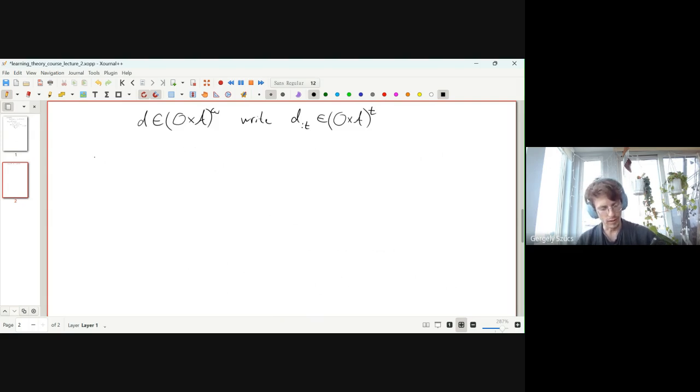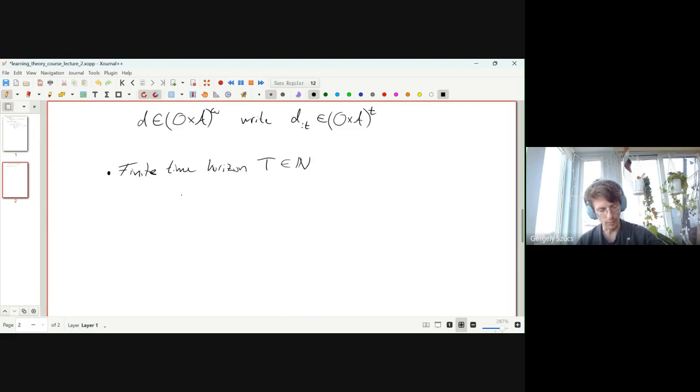Using this notation, we can construct a utility out of a reward function, and there are a few ways to do this. Two typical ones: the first is to restrict to a finite time horizon, T, which is a natural number.